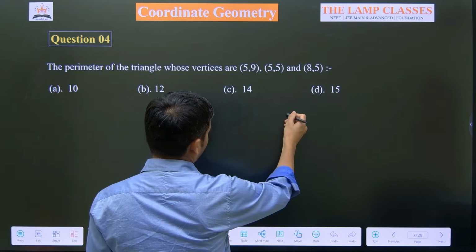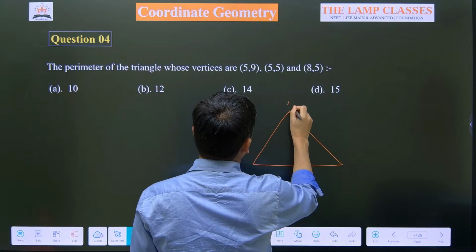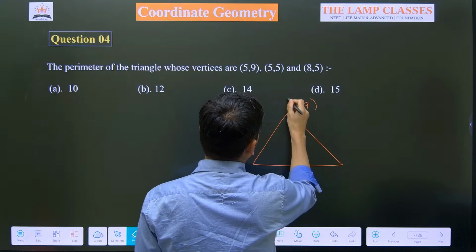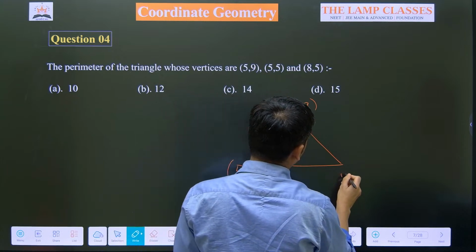So we have a triangle. If you want, you can make the triangle and then put the vertices coordinate 5 comma 9, 5 comma 5, then we have 8 comma 5.